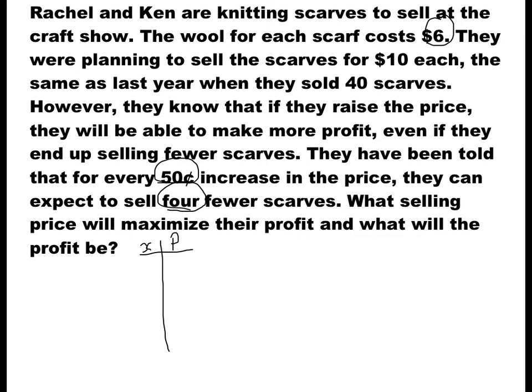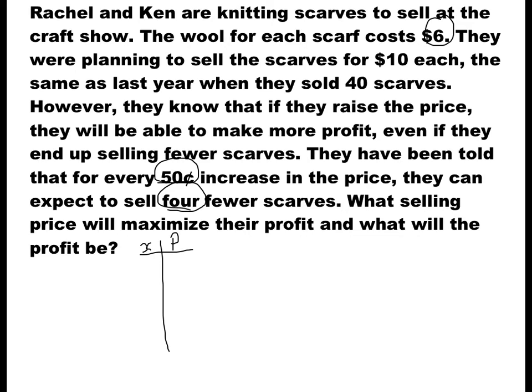Let's say x represents the number of times we are increasing the price by 50 cents. For instance, if x is 0, then it means nothing is increased. If x is 1, then the price is increased by 50 cents. Since the profit is $4, then it means that if x is 1, then the profit is $4.50.